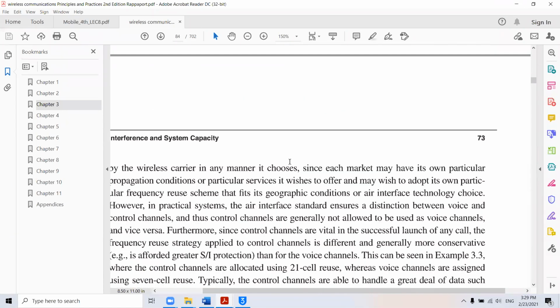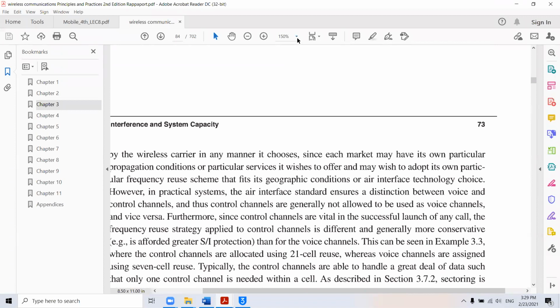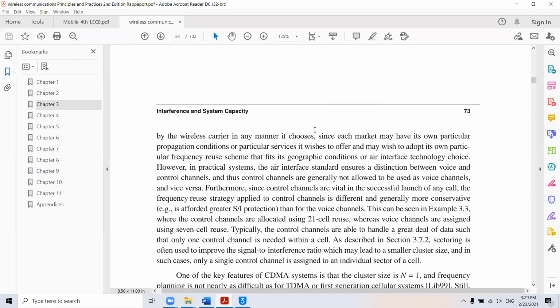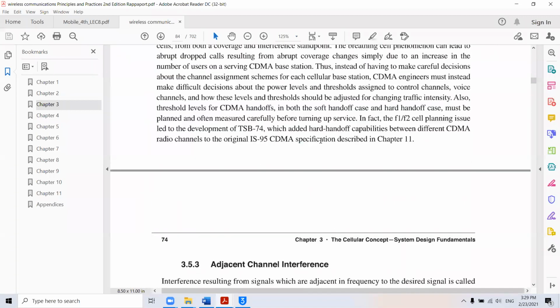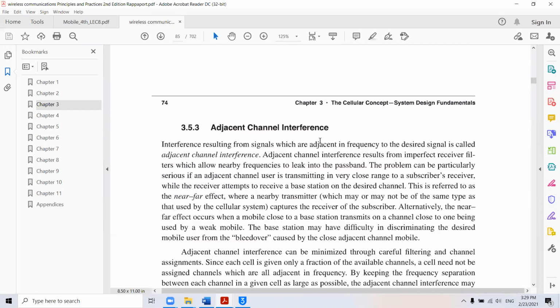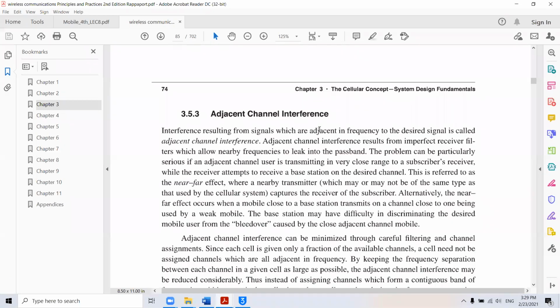Then we have the following topics: cell planning, and adjacent channel interference. Now I'm going to talk about the adjacent channel interference.